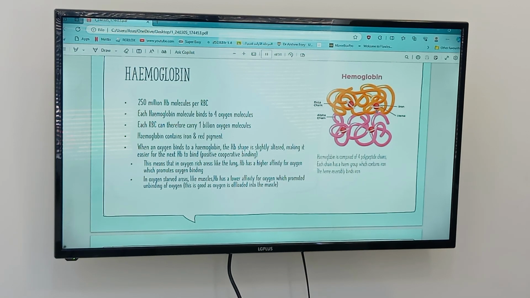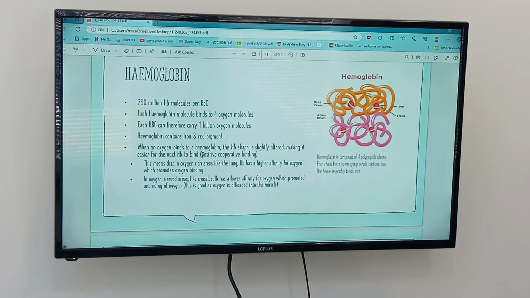There are 250 million hemoglobin molecules per RBC. Each hemoglobin molecule binds 4 oxygen molecules. Each RBC can therefore carry 1 billion oxygen molecules. We can calculate this equation.